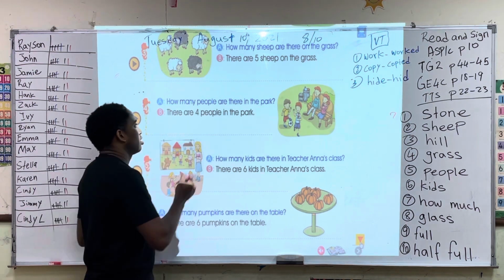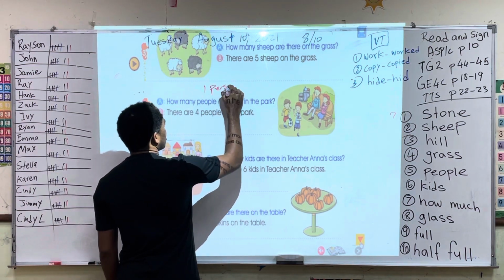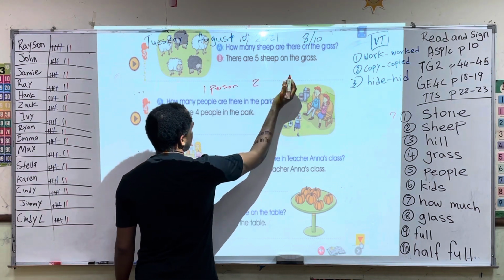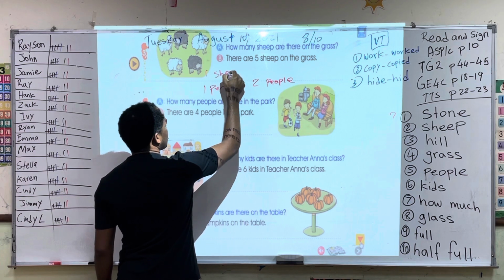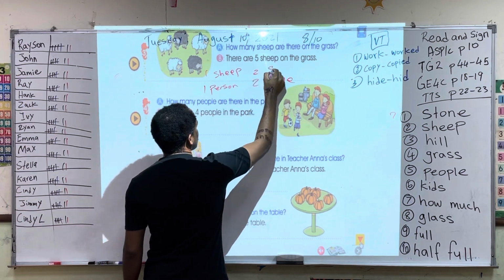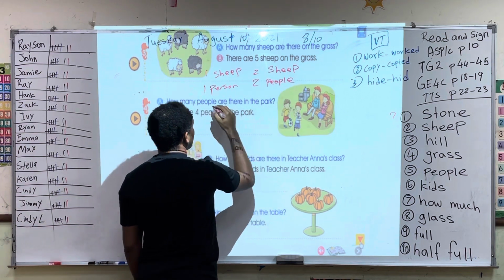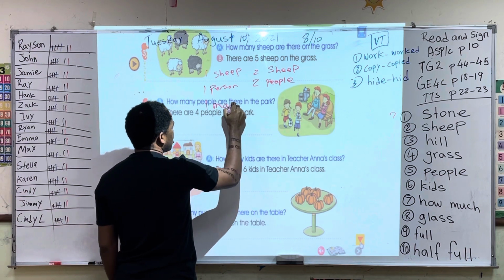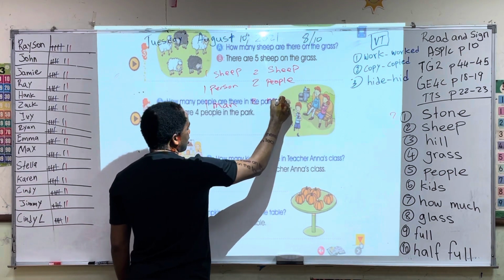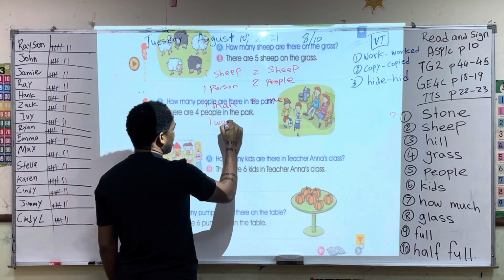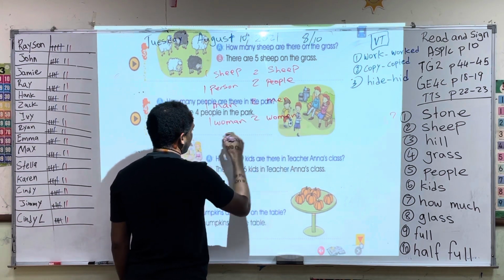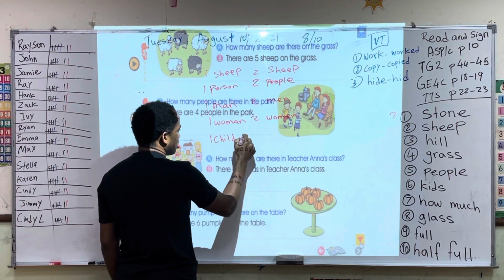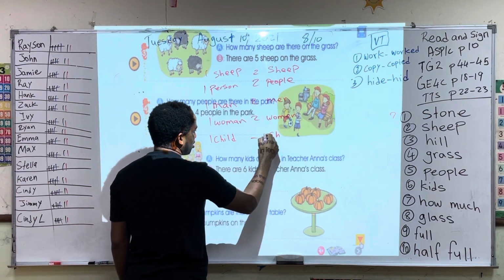So remember, 1 person, 2 or 10 people. 1 sheep, 2 sheep. Remember that. 1 man, 2 men. 1 woman, 2 women. 1 child, 2 children.